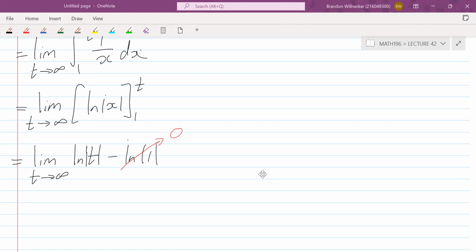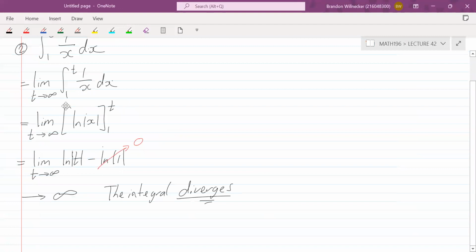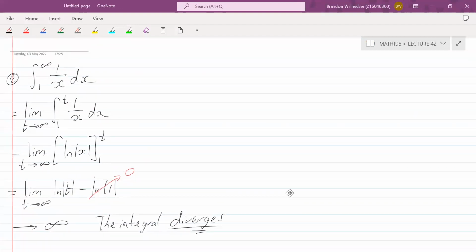In fact, it's unbounded. So as t goes to infinity, this natural log also goes to infinity. In other words, the integral diverges. It doesn't have any finite value, so we can't assign a value to it. It just goes off to infinity. And we just say the integral diverges.